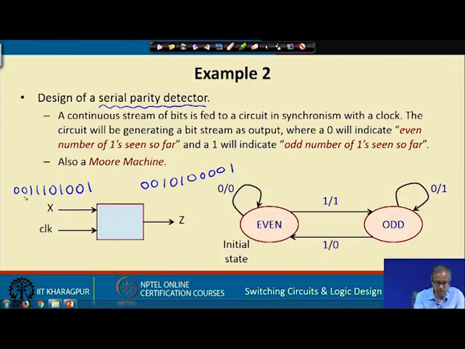So, if you write down this bit stream one below there to be clear, let us say this is 0 0 1 1 1 0 1 0 0 1. Now, parity means the number of ones, whether they are odd or even. If it is odd, I will be outputting 1, if it is even, I will be outputting 0. Let us say that is our convention.